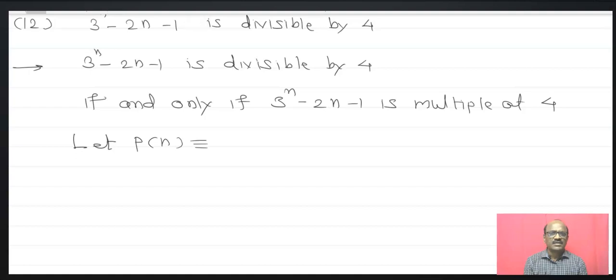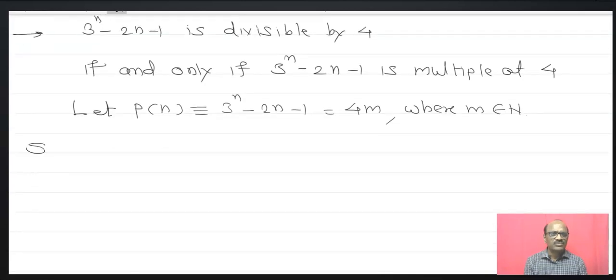Let P of n be 3 raised to n minus 2n minus 1 is equal to 4m, where small m belongs to capital N.